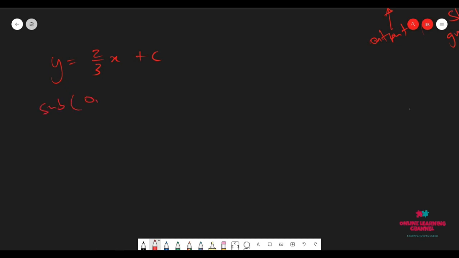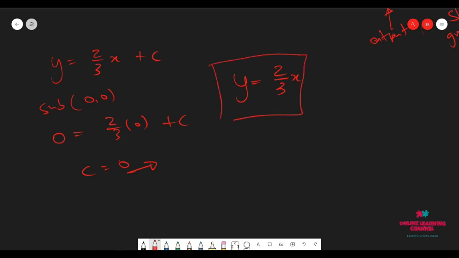So let's plug in this point 0 and 0. Wherever we see x, we'll plug in 0, and wherever we see y, we'll plug in 0. So this will be 0 equals 2 over 3 times 0 plus c. Solving this, we end up with c equals 0. So the equation for that line is y equals 2 over 3x plus 0. We'll leave it like that.